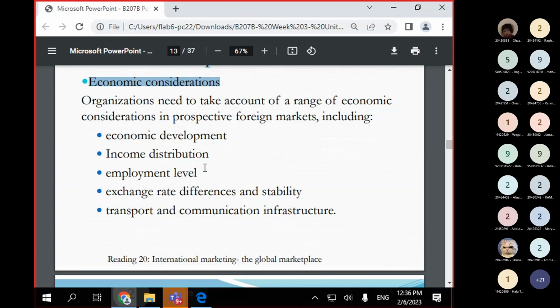How much money do they still have to spend on luxuries or extra things? All of these have metrics, numbers for you to look at, and then decide if the country is economically feasible for you to be in.